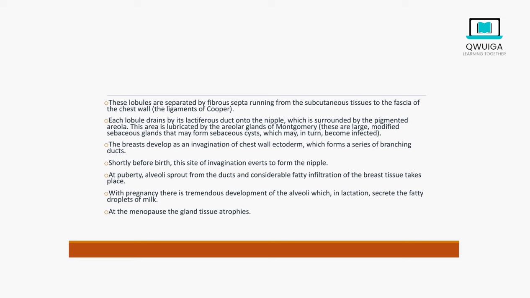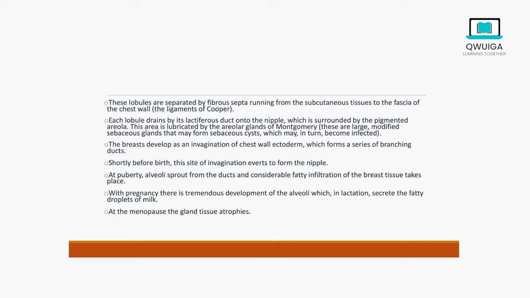The breast develops as an invagination of the chest wall ectoderm, which forms a series of branching ducts. Shortly before birth, during the seventh to eighth month, this site of invagination everts to form the nipple. At puberty, alveoli sprout out from the ducts and considerable fatty inflation of the breast tissue takes place.